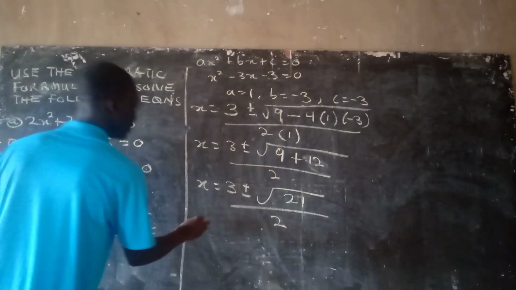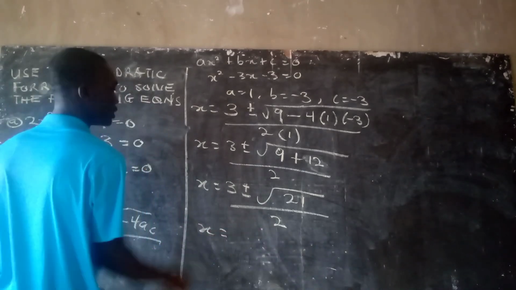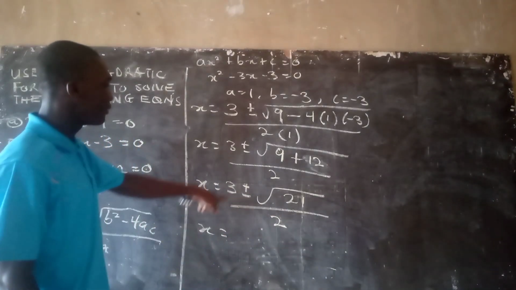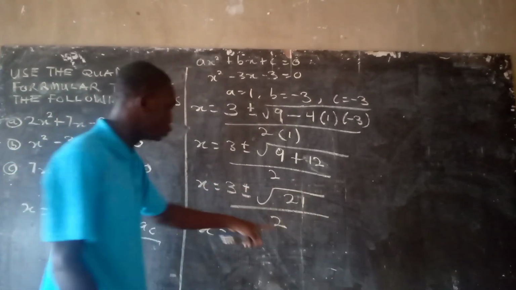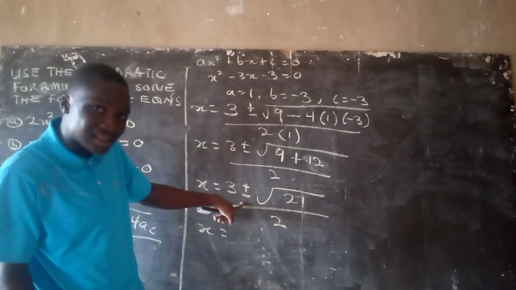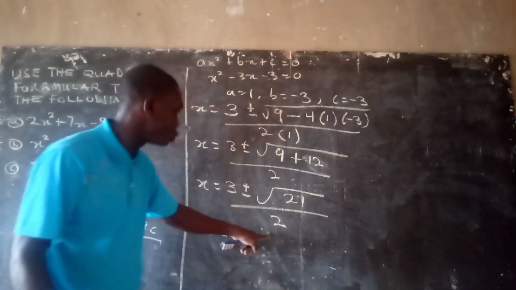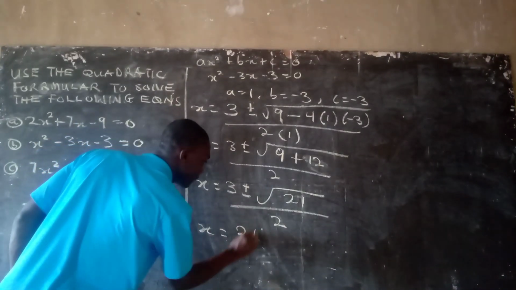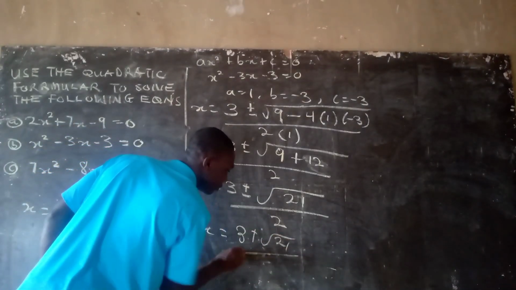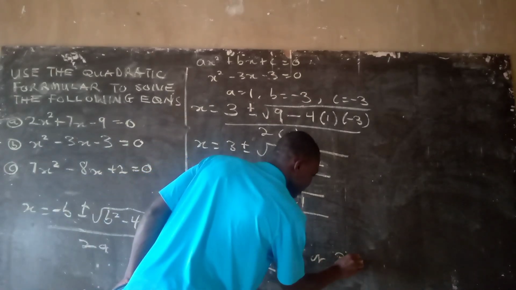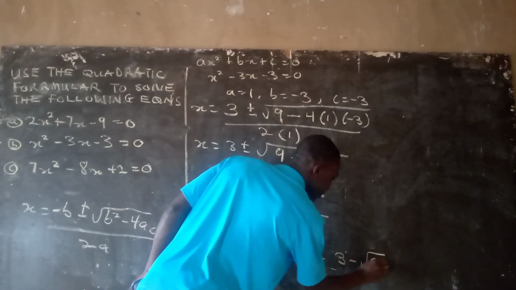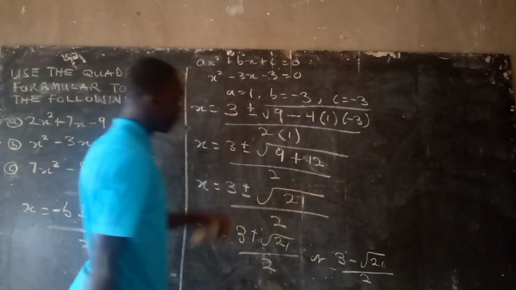So this means that we have 3 plus the square root of 21 over 2, and also 3 minus the square root of 21 over 2. So we have 3 plus the square root of 21 over 2, or 3 minus the square root of 21 over 2. That's why you have plus or minus.